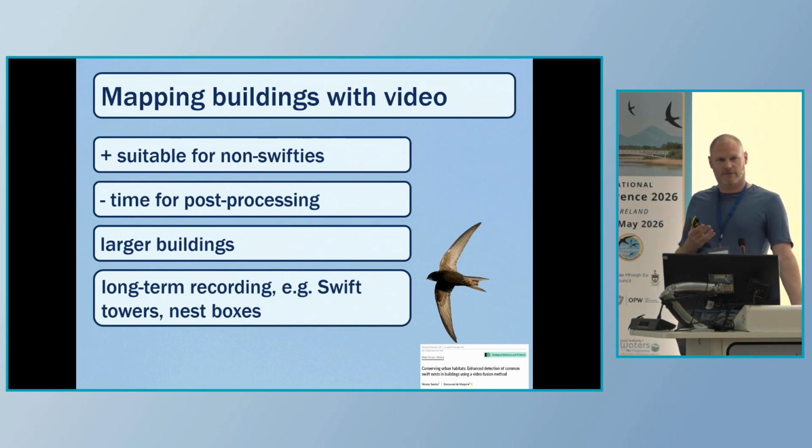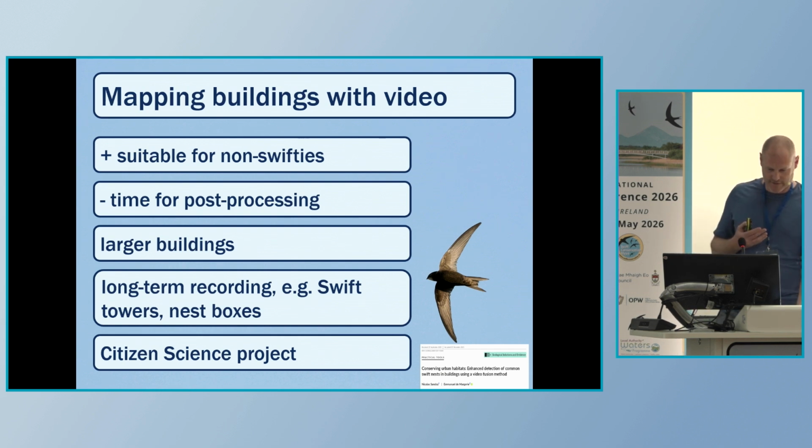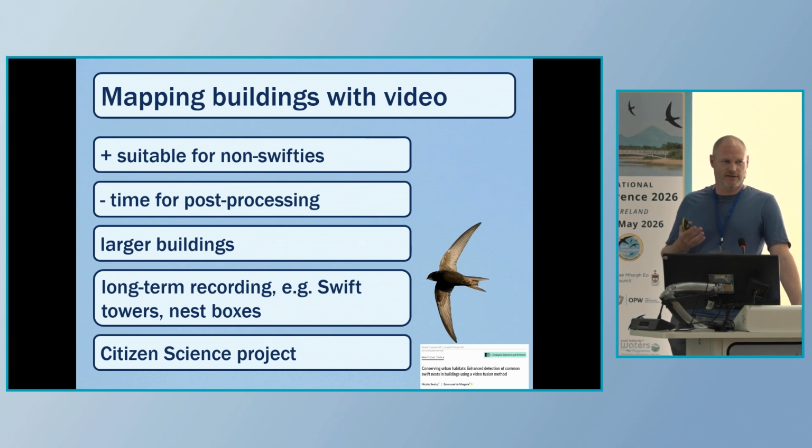But I think that this might be a good method for the occupation of new nest boxes or swift towers. And the authors suggest that this can be a good method for a citizen science project, as it is not necessary to be a swift enthusiast for this method. You have the possibility to have video nerds for this, to map swifts.